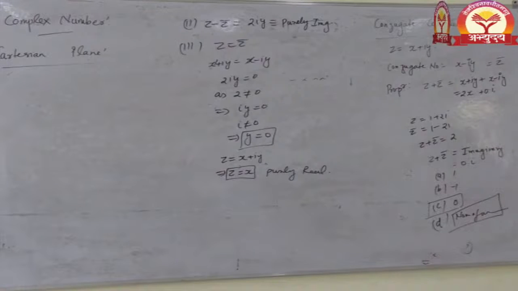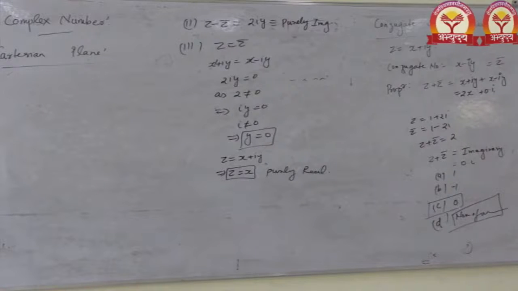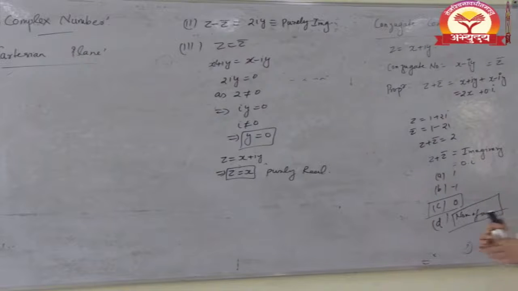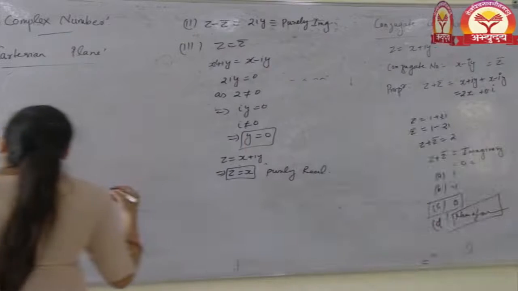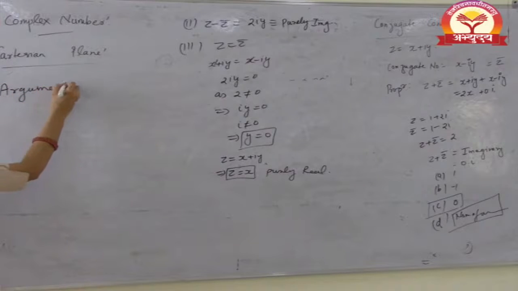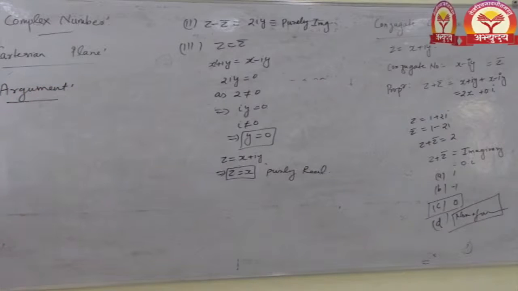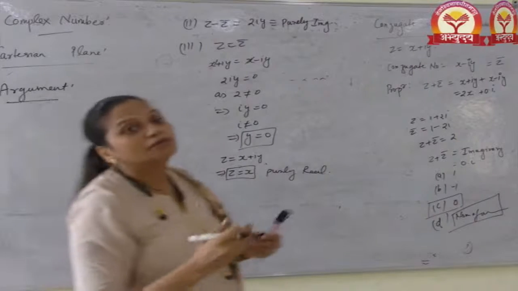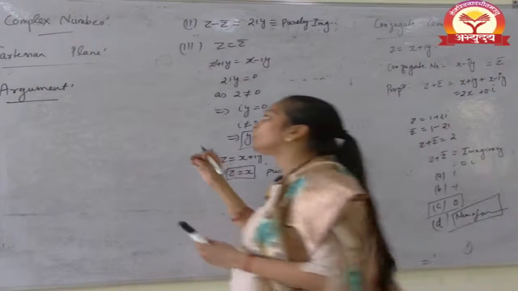ठीक है, and next one हमने modulus discuss कर लिया, conjugate discuss कर लिया. Last one is argument. Argument भी ऑलरेडी डिस्कस कर लिया है in form of polar form. पोलर फॉर्म में argument क्या होता है?